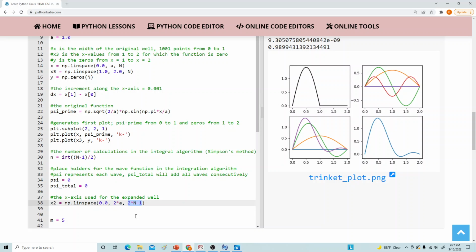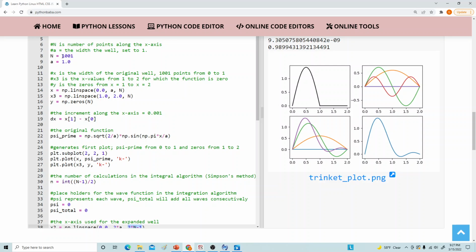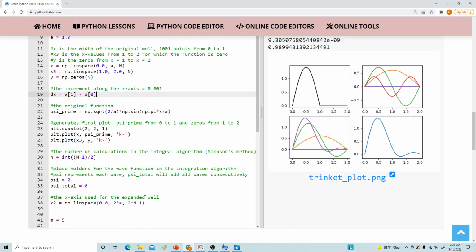Well, 2001 points is 1 less than doubling n. Because if I just double n, that will give me 2002 points, and that will give me a slightly different increment than what I've calculated with this line of code. So to keep the increment the same, I'm subtracting 1. So now this will be 2001 points with the same dx as above.